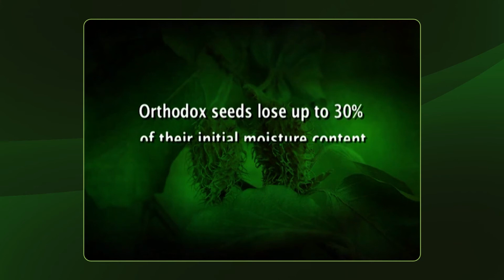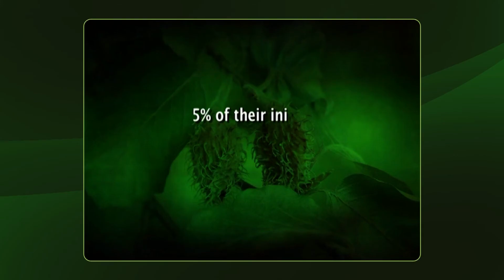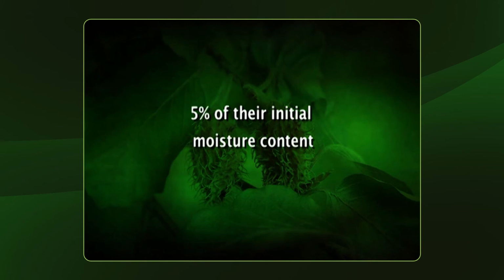For example, orthodox seeds lose up to 30% of their initial moisture content, and the recalcitrant ones lose considerably lower amounts of water during their maturation, which is 5% of their initial moisture content.